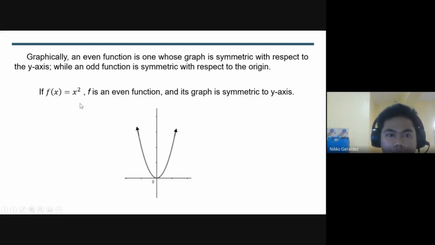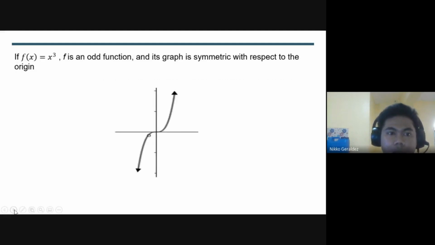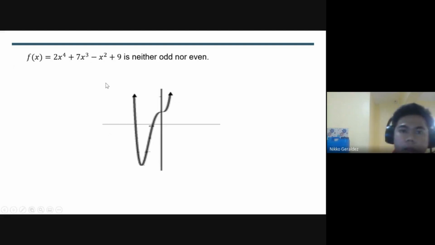For example, x squared is an even function: you have a parabola, which is symmetric to the y-axis. X cubed is an odd function, and its graph is symmetric with respect to the origin. If the graph is not symmetric to the y-axis or the origin, the graph is neither odd nor even. So, that is the example.